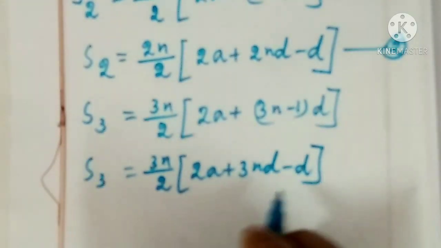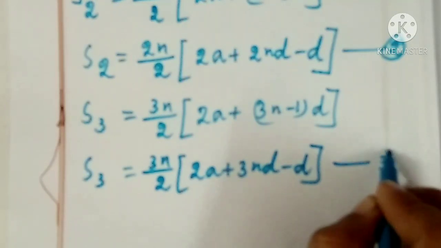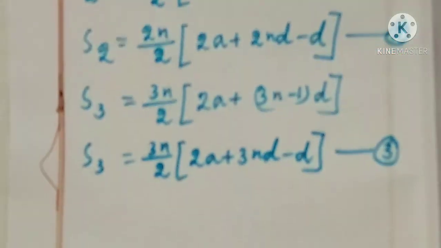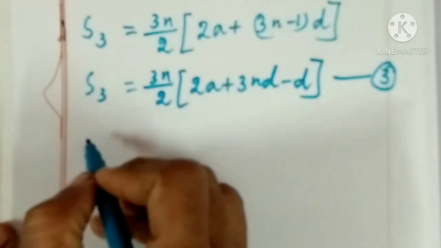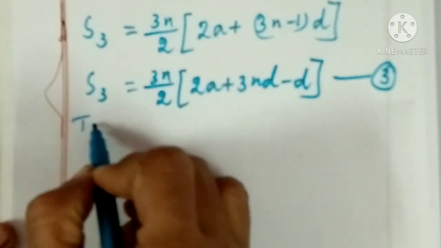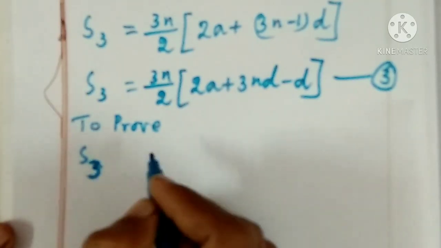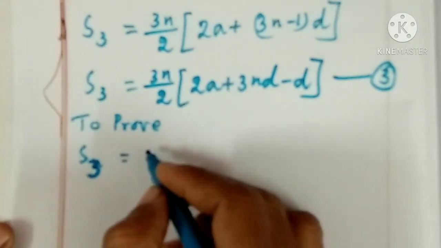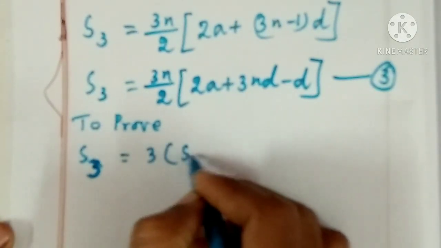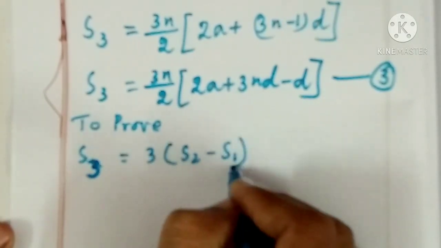Let us assume this as number 3. Now you take down and write what is to be proved: S3 is equal to 3 into (S2 minus S1).